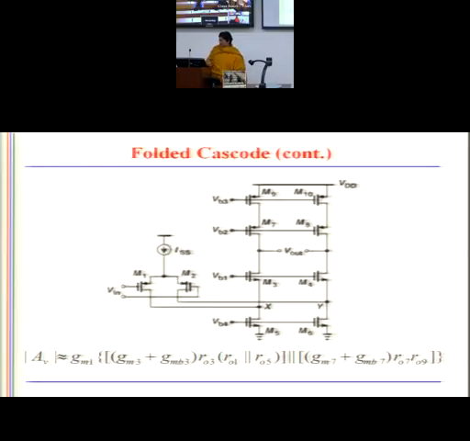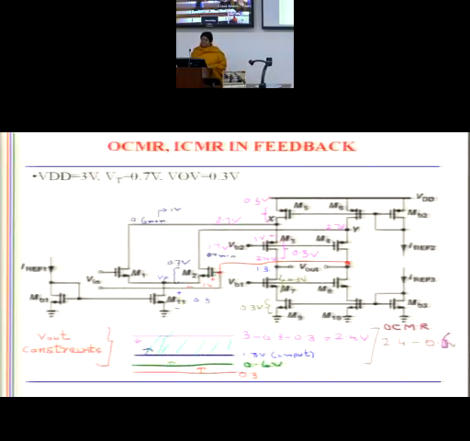Fine. So we have got a folded cascode amp, and you can intuitively at least have an idea what type of response you are going to obtain. Clear? Now we move on to the next. If it is a folded cascode, can you give me the ranges, OCMR and ICMR? Let me go back.